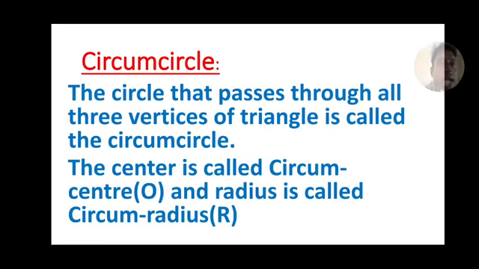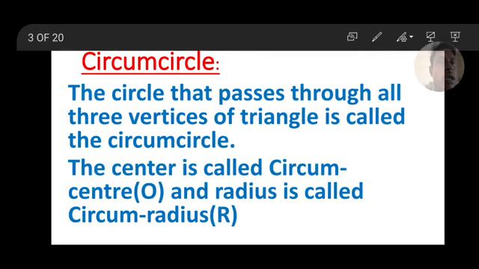Circumcircle. What is the circumcircle? The circle which passes through all three vertices of a triangle is called a circumcircle. The center is called the circumcenter.